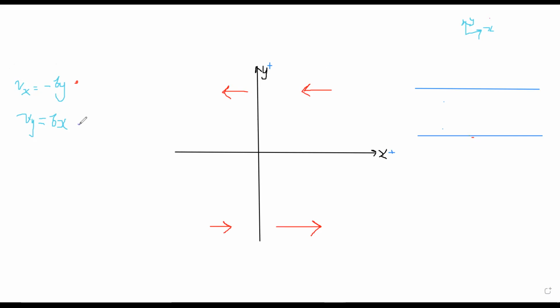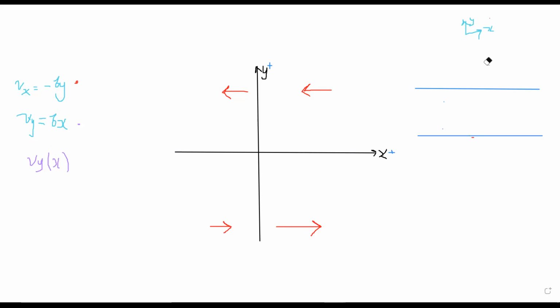Now for this one, if we go back to our analysis before, we said we can rewrite this as v of i is a function only of x, right? So once again, what does that mean?